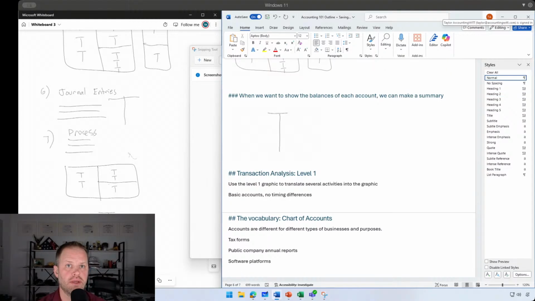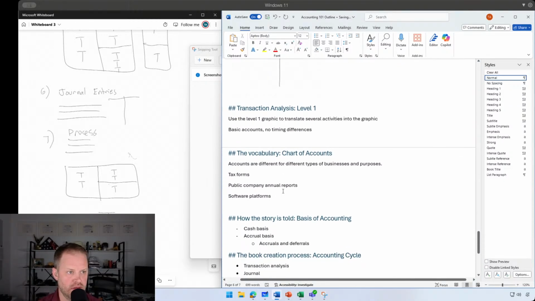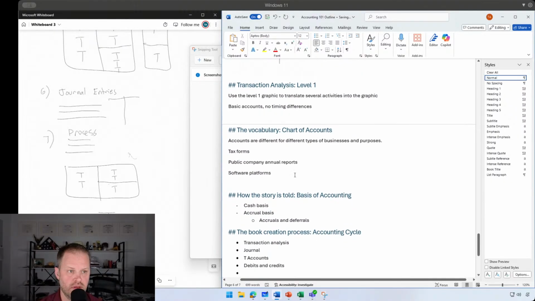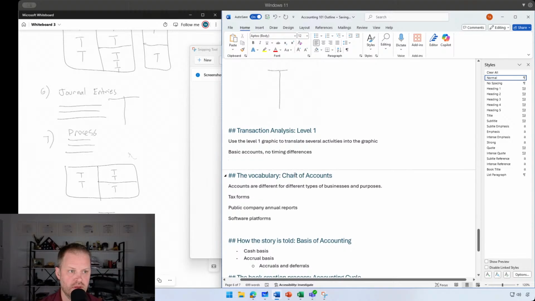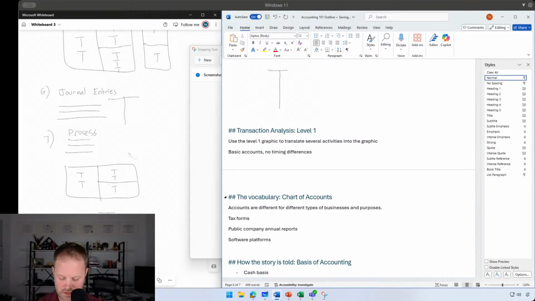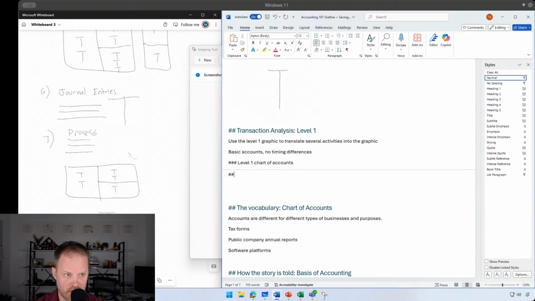Huh, my internet took a little hiccup there. So level 1 chart of accounts is in play.